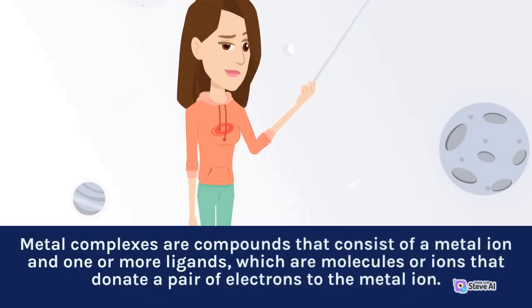Metal complexes are compounds that consist of a metal ion and one or more ligands, which are molecules or ions that donate a pair of electrons to the metal ion.